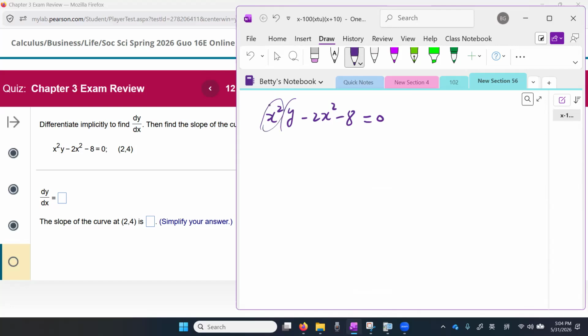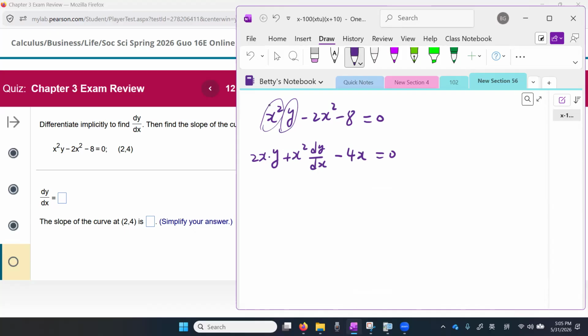This is a product, so I have to apply the product rule. Take the derivative of x squared: 2x times y, plus keep x squared and dy dx. And this one minus, take the derivative of 2x squared, 4x, equals 0, because a constant has derivative 0.